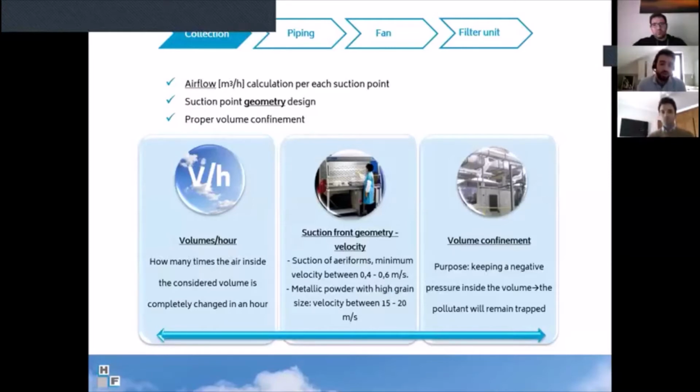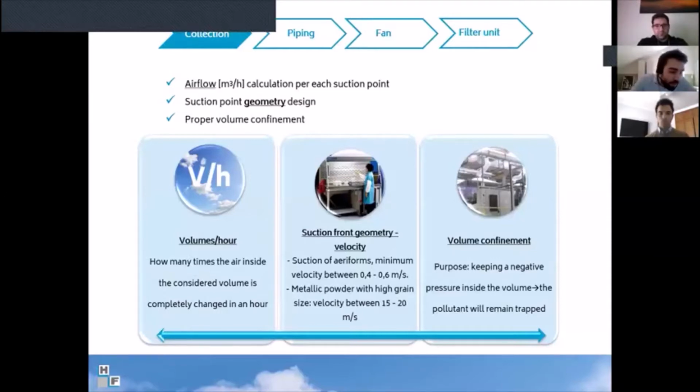So, in order to design the proper airflow, in cubic meters per hour, we have to first of all understand which is the pollutant, the size of the pollutant, the concentration, and the geometry of the area that must be treated.